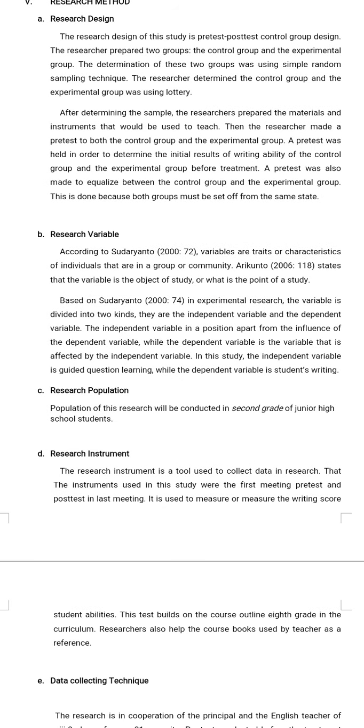After determining the sample, the researcher prepared the material and instruments that would be used to teach. Then the researcher gave a pretest to both the control group and the experimental group. A pretest was held in order to determine the initial result of writing ability of the control group and the experimental group before treatment.